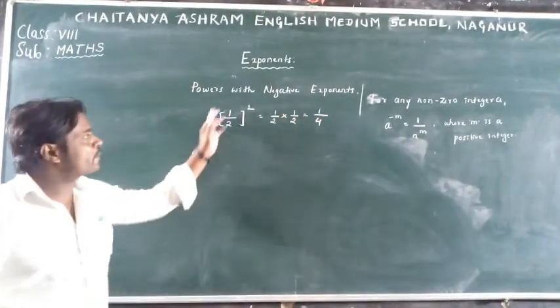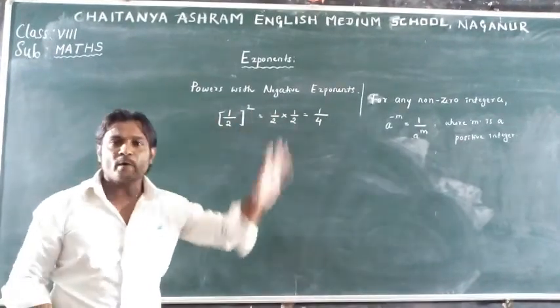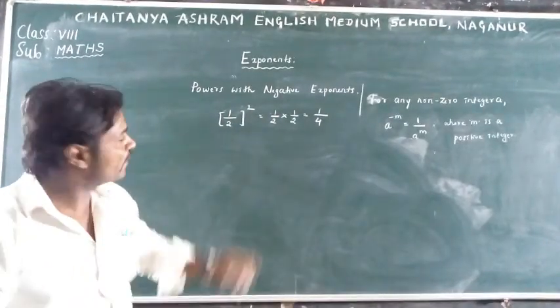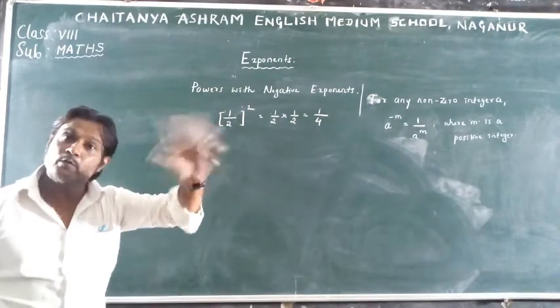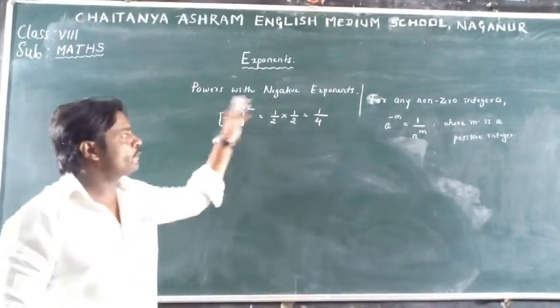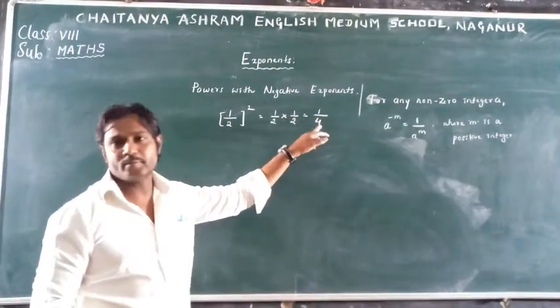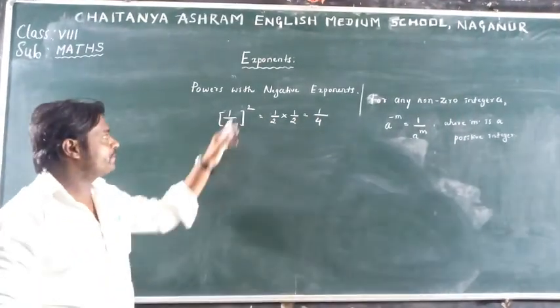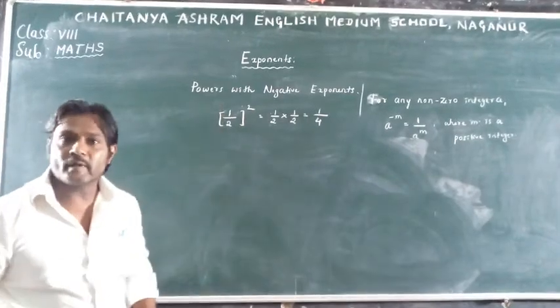So which type of exponent is it, negative or positive? Positive exponent, because the power is a positive integer. So the value of this positive exponent is 1 divided by 4.